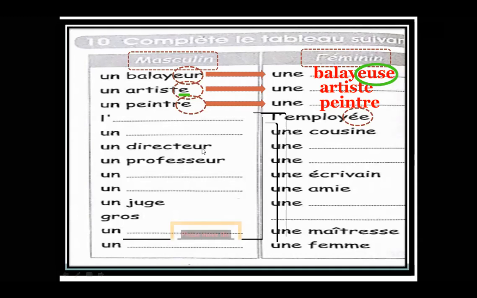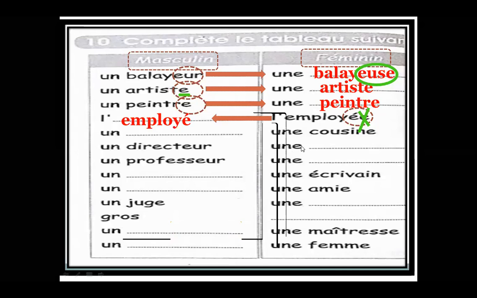Yes, in this type of nouns that end with accent aigu, after it comes E, we remove this one. See what I will do here? I will remove this one. Employé becomes accent aigu only, only one E.